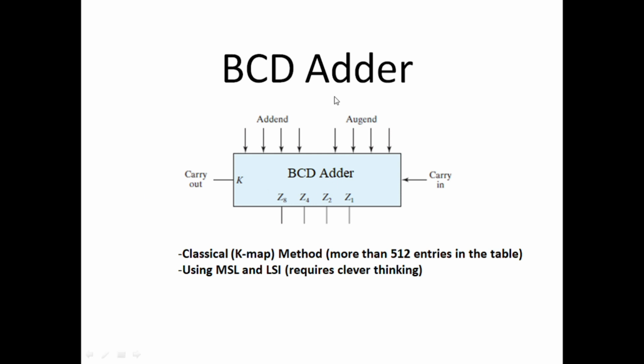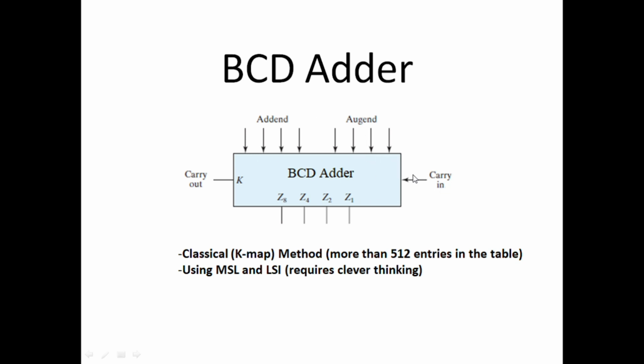To design a BCD adder, the classical method or the K-map method would require us to begin with a truth table, and as we have seen in a number of examples in the previous lectures, in the truth table there must be columns for the inputs.